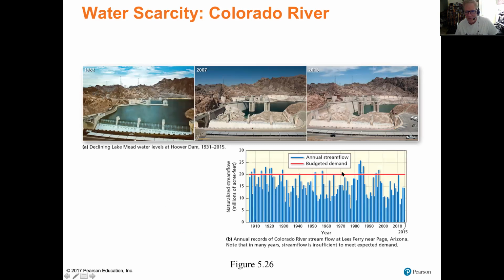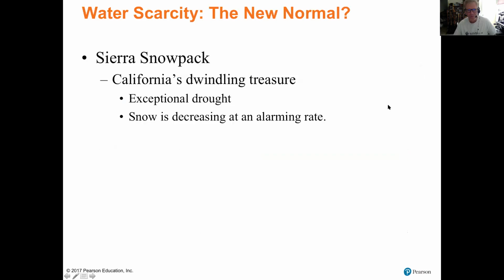So not too often have we had a surplus. Usually we're down here at a deficit. I think this year we're actually going to get a surplus that's going to take us up, but the demand is usually more than we're getting, so it keeps the water levels lower. The other place we get replacement is the Sierra snowpack.